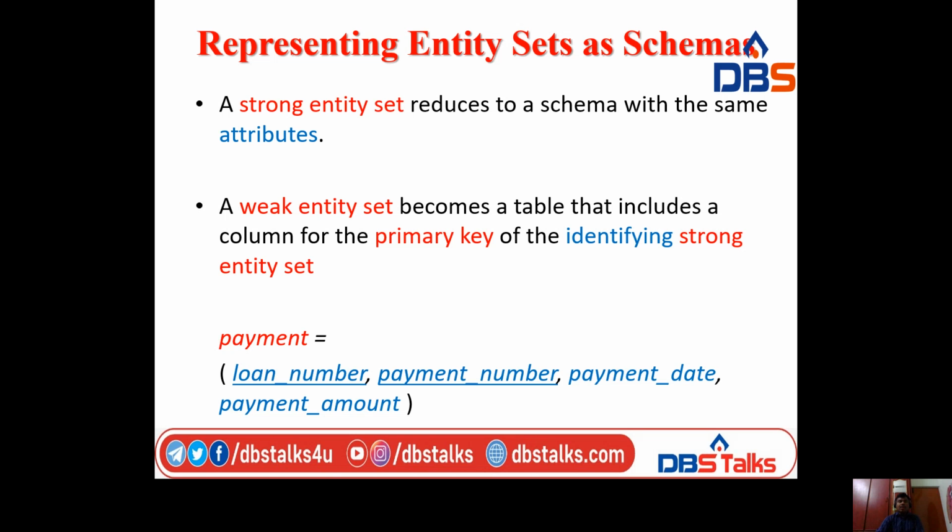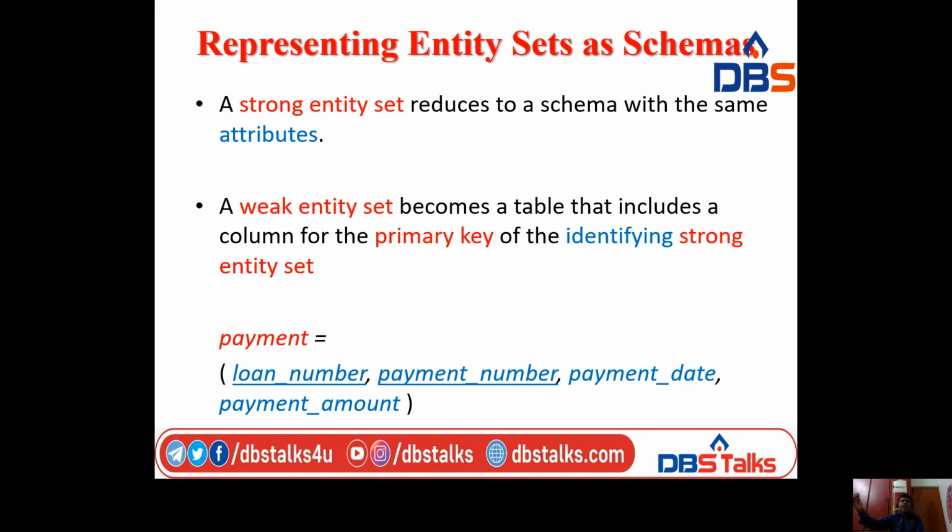Here we already discussed the payment example: loan number, payment date, payment amount, and so on. This is the schema for the weak entity set. For a weak entity set, we have to spend some time identifying the strong entity set, because the weak entity set compulsorily depends on it.